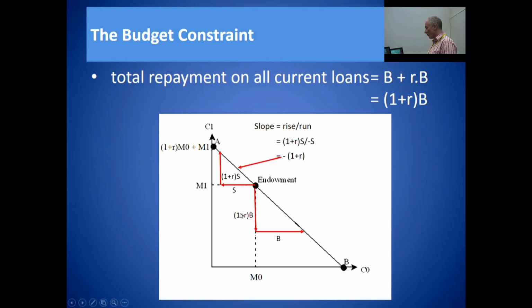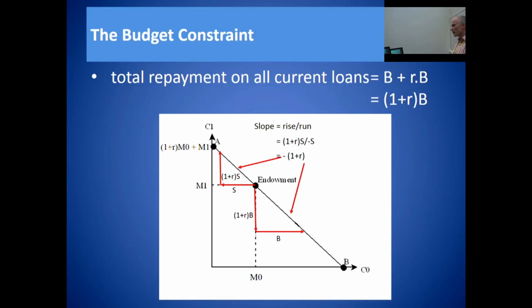The ratio of 1 plus R times B over B. So again, the slope in absolute terms is 1 plus R. But again, it's a straight line, so it has to have the same slope. So that's what happens as we increase consumption, and that will continue until we arrive at point B.